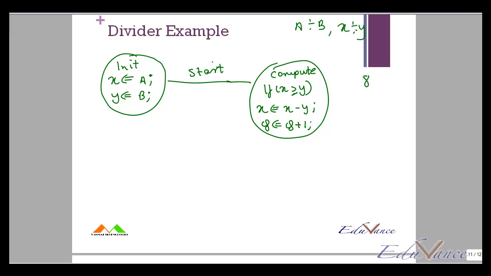If you remember, 8 divided by 3, I do 8 minus 3, which is equal to 5, and put it back into x, which is 5. Then I do 5 minus 3, and then I put it back here.